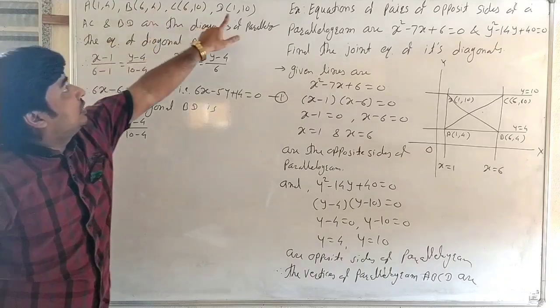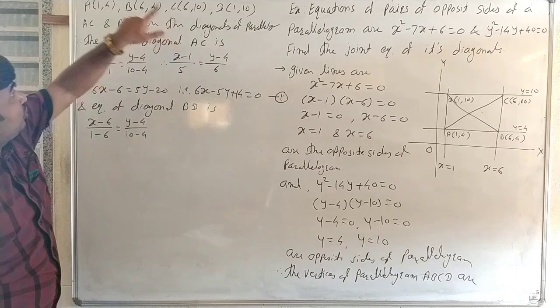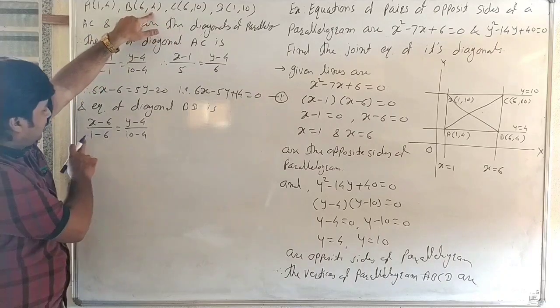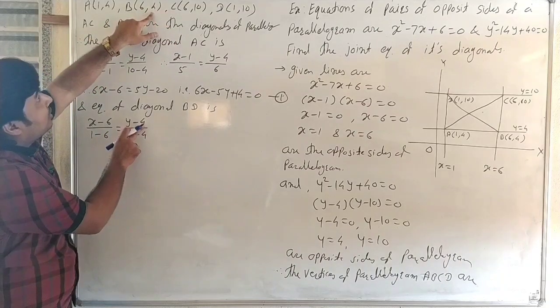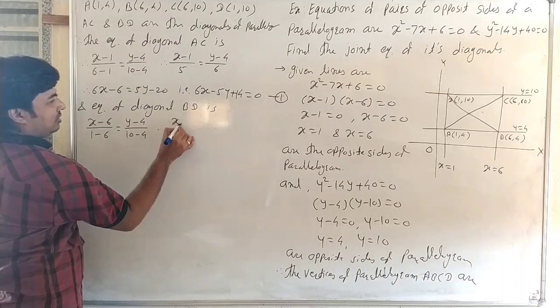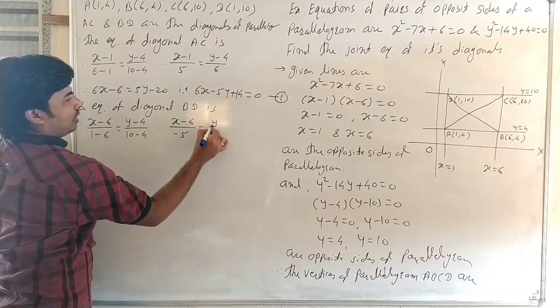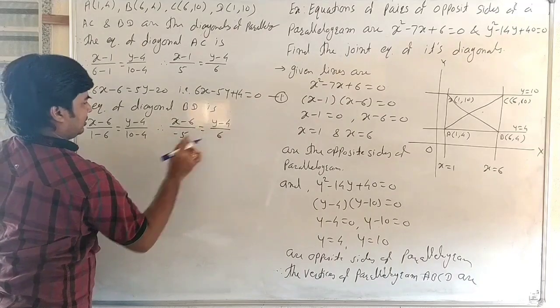This can be written as x minus 6 upon minus 5 is equal to y minus 4 upon 6.